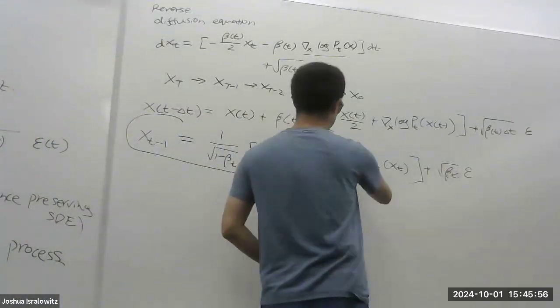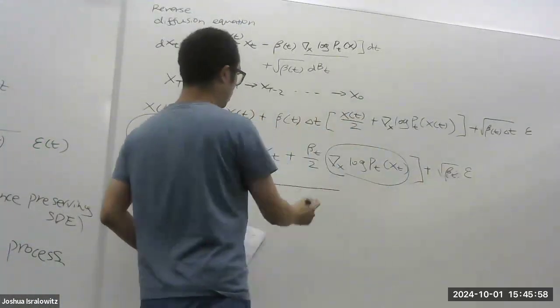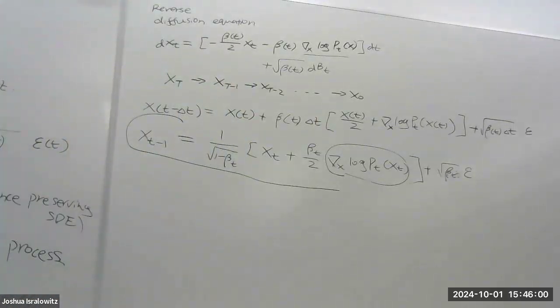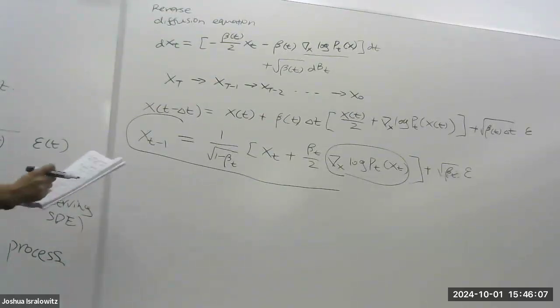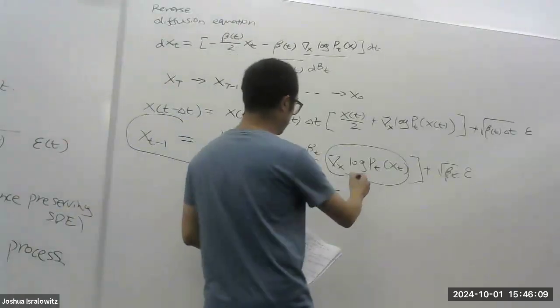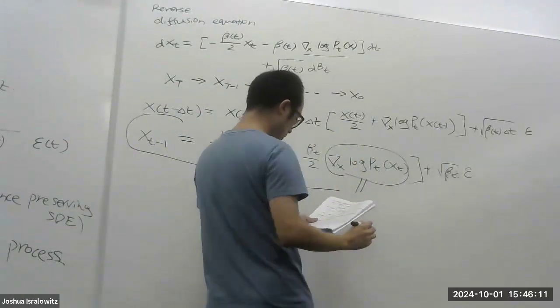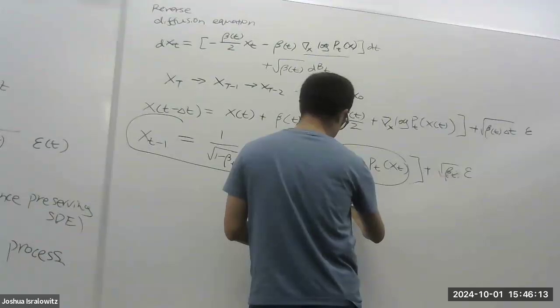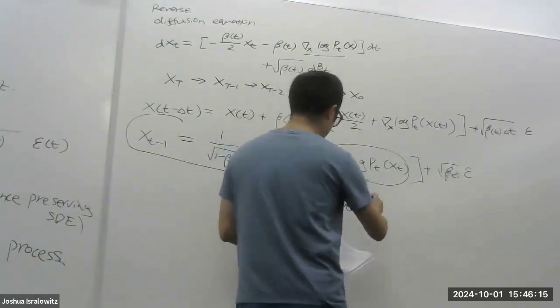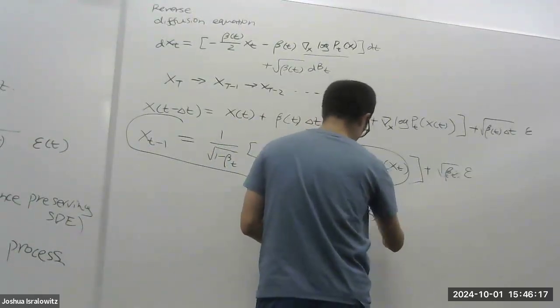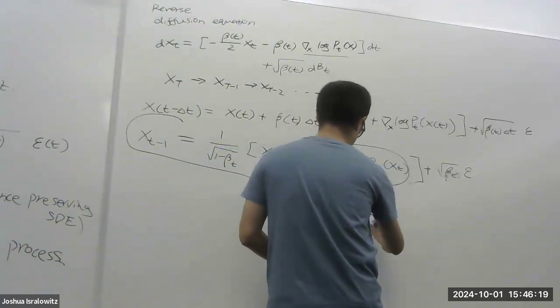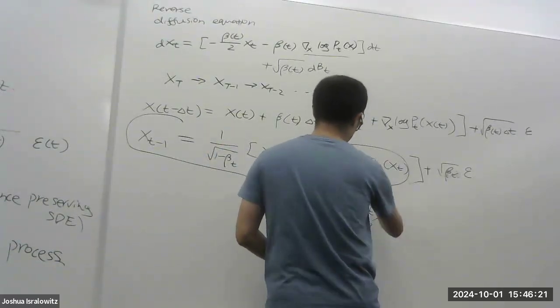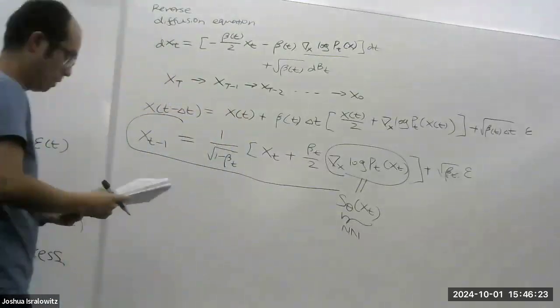If we can approximate this well, then we can move from capital T back to xt minus 1, xt minus 2, and so on. So this whole thing, I'm going to replace by a neural network called S theta of xt, which is trying to approximate this quantity.